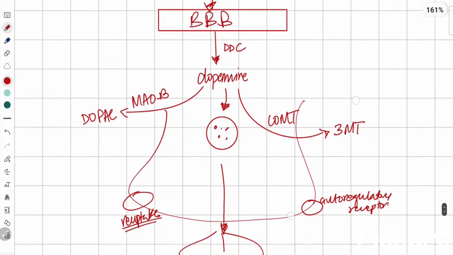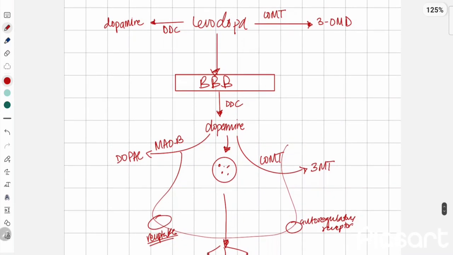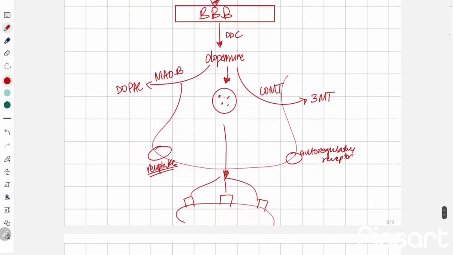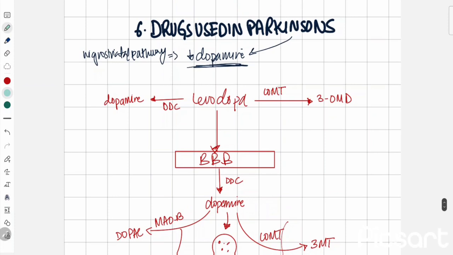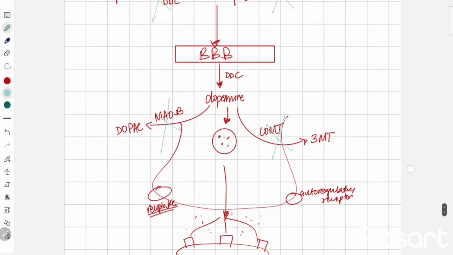So this dopamine is being pulled in so many different directions, but we just need dopamine here. We need dopamine in all its glory right here. How can we do that? We need to inhibit this, and this, and definitely this and this.